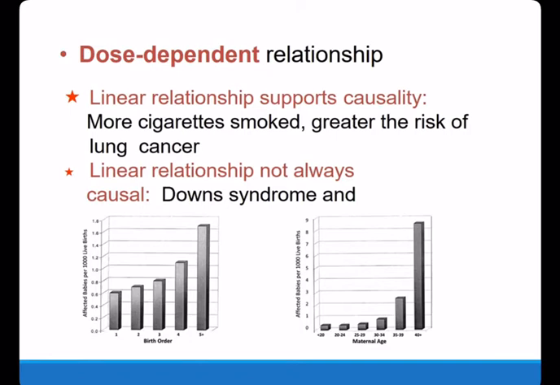Confounding can result in a monotonic relationship between a non-causal risk factor and disease if the confounding factor itself demonstrates a biological gradient in its relationship with disease. The relationship between birth rank and Down syndrome shows a strong biological gradient that merely reflects the progressive relation between maternal age and the occurrence of Down syndrome.